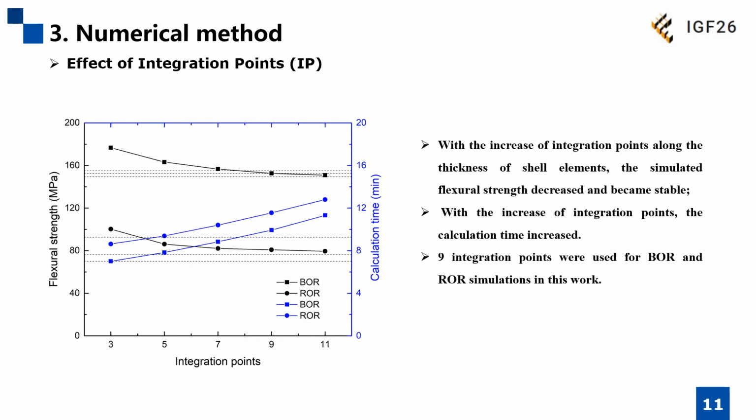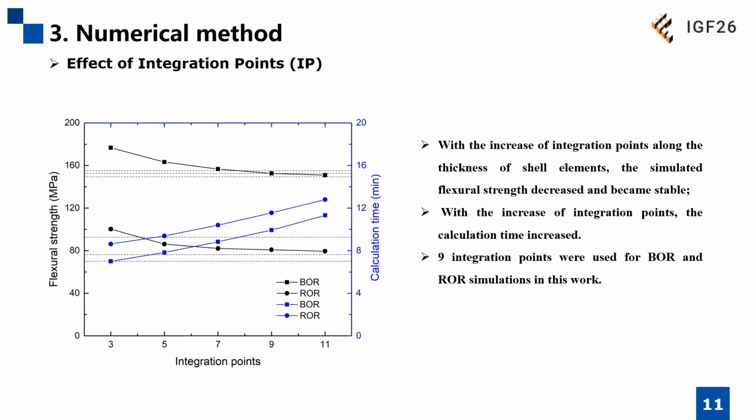As I said just now, the number of integration points is very important in this simulation. So we calibrate the number of integration points in this study. It can be seen from this figure that with the increase of the integration points, the flexural strength decreased and became stable.